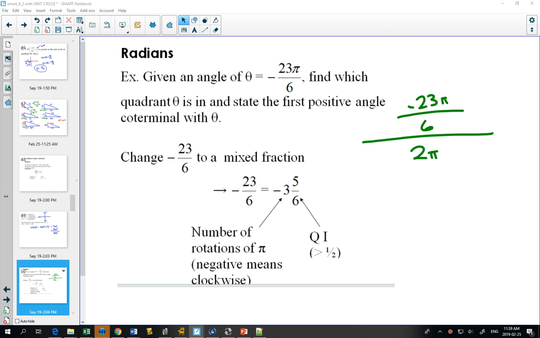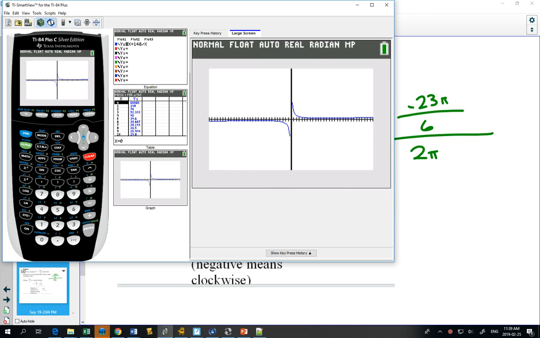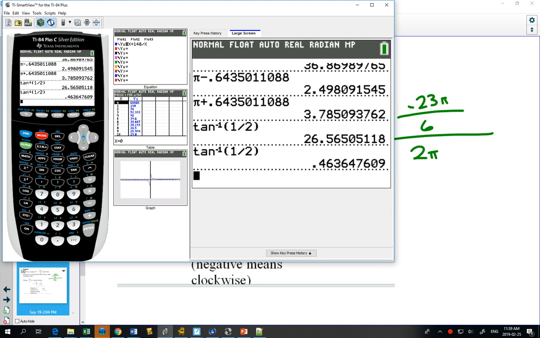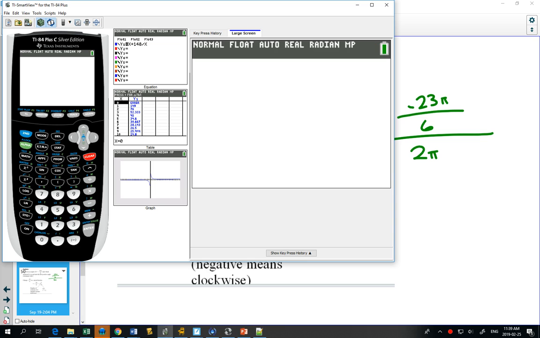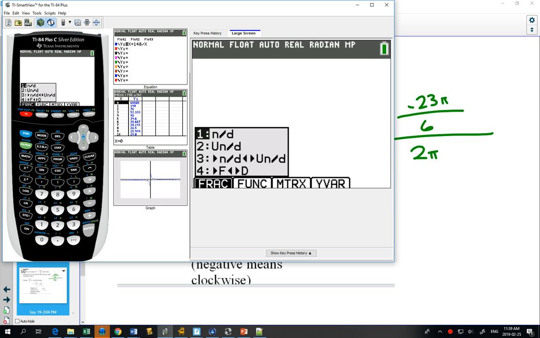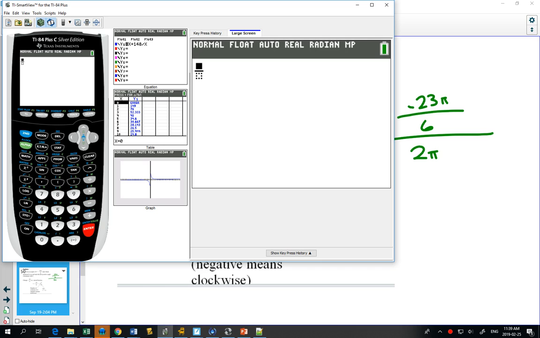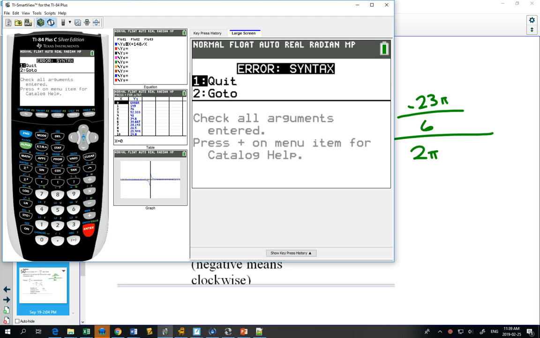Well, if you do have the fraction button on your calculator, okay, alpha y equals, and you can put fraction buttons, and I want to do negative 23 pi over 6 divided by 2 pi, I'd have another fraction in my numerator, negative 23 pi over 6 in my numerator, divided by 2 pi in my denominator. The nice thing about the fraction button is if you screw up, it does this. Let's see.